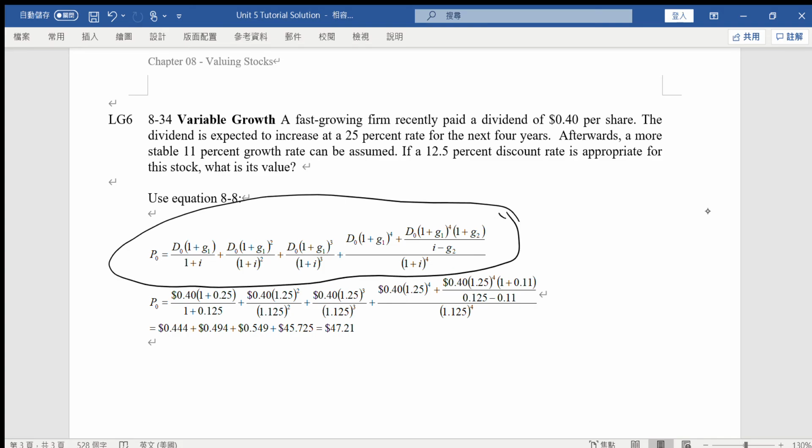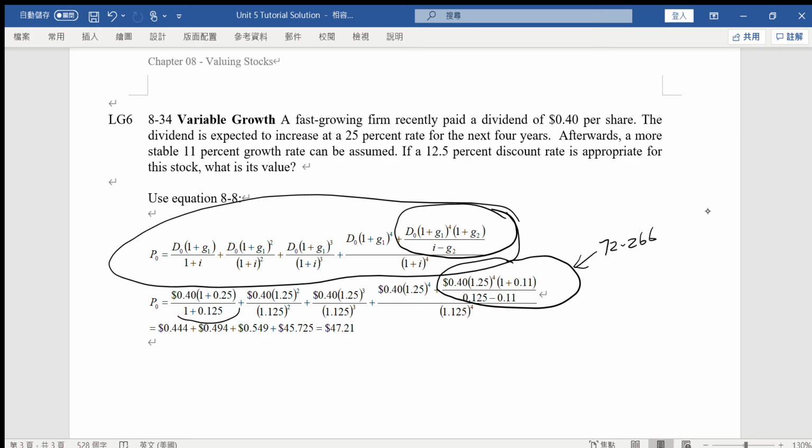And this part is the termination value. You may separately work out this part. And this amount will be equal to 72.266. Then substitute all that into the formula. Then we can work out the first one.